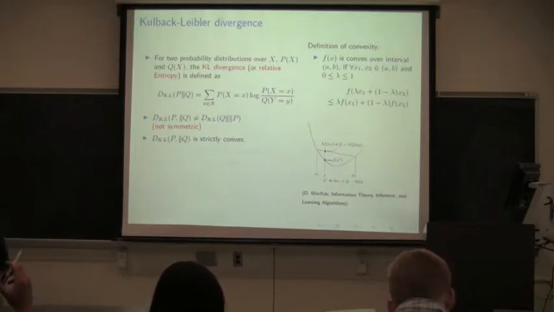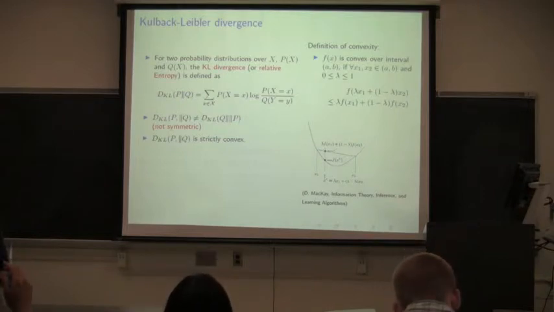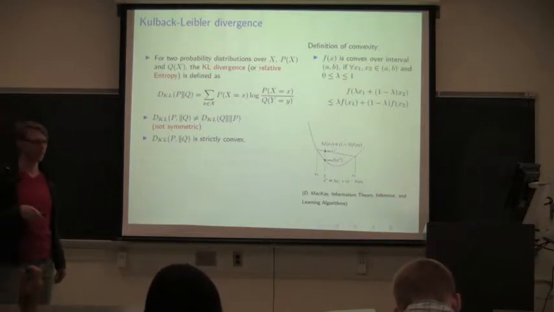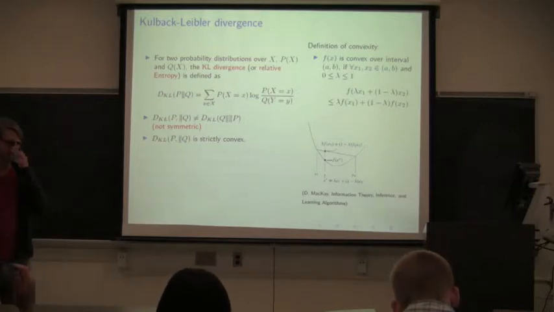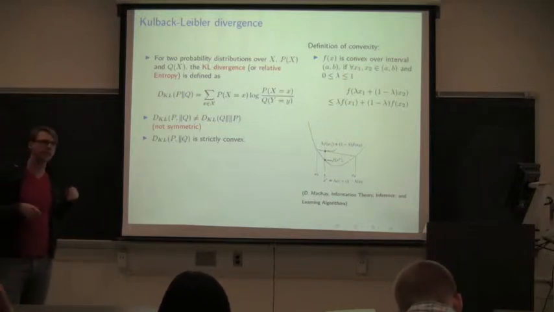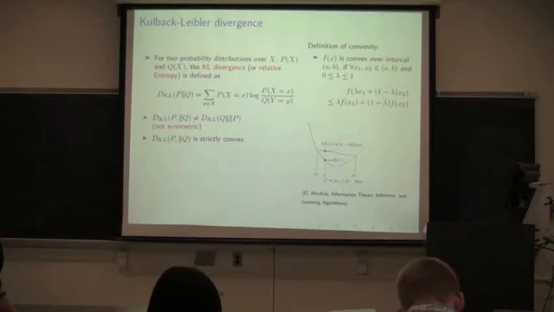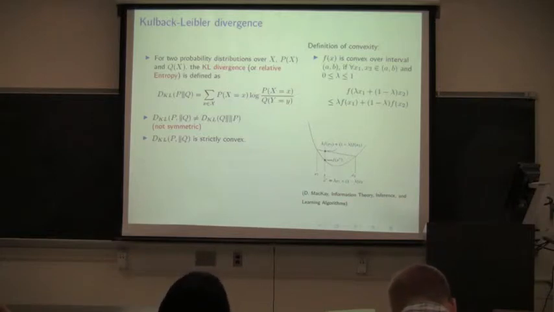What exactly do you mean by two probability distributions over x? Well, say I have a true probability distribution, but I cannot really write it down because it's complicated, or I don't know it. Now I can choose a simpler one. For example, I have a non-Gaussian distributed random variable, and I want to approximate it by a Gaussian.